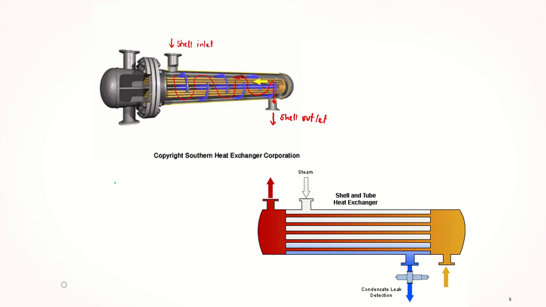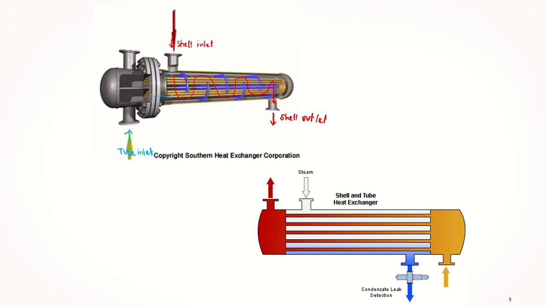So for tube side, this would be the inlet of the tube side, tube inlet. And the tube, for example, if we only focus on a single tube, so we have a bundle of tubes here, so focus on one single tube.